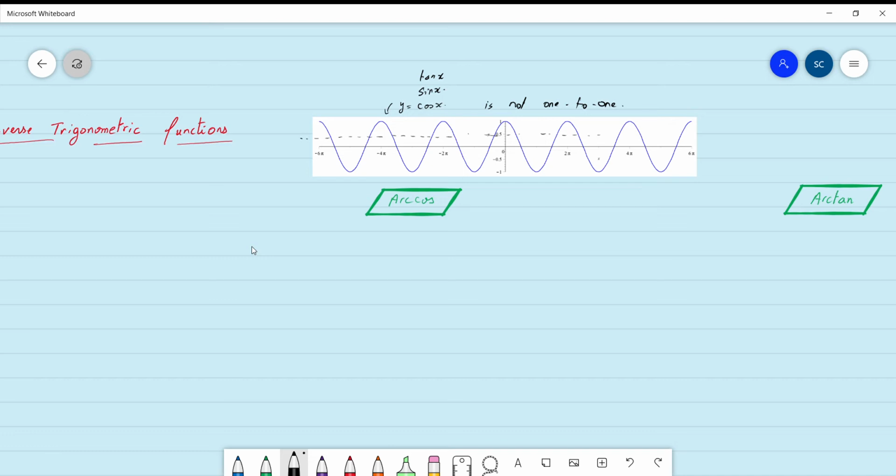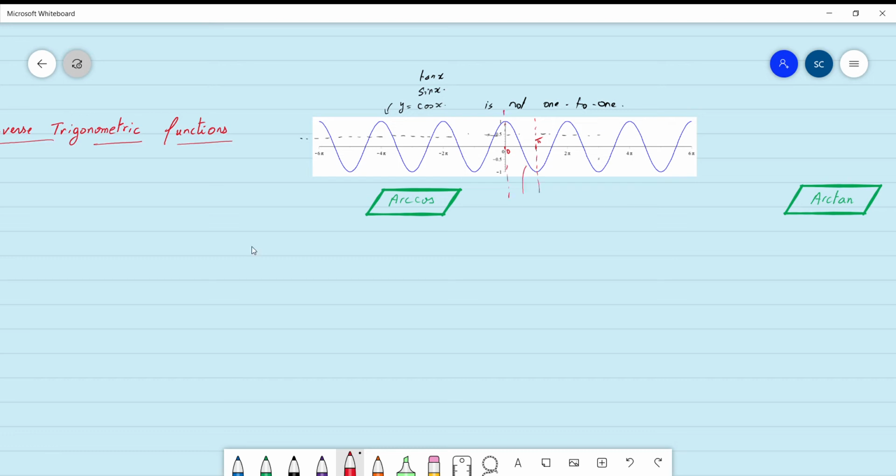For example, for the case of the cosine function, if I work from 0 to pi, on this interval my function is decreasing. So here is the restriction, the graph I'm considering.